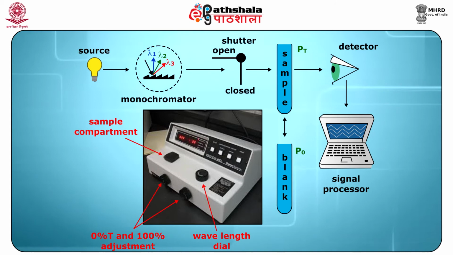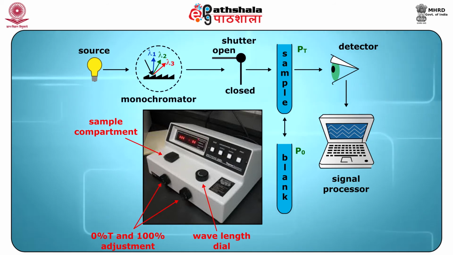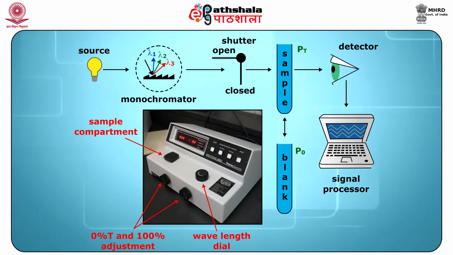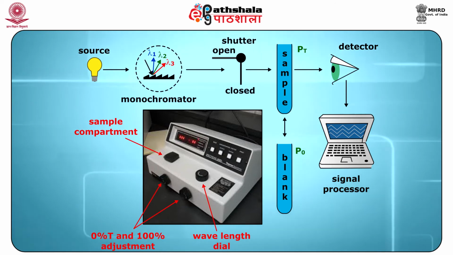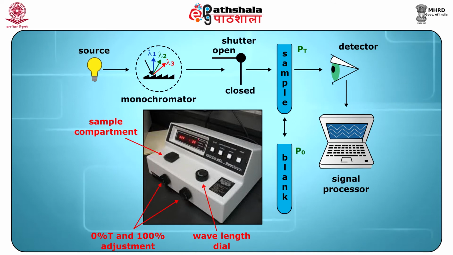Here the figure shows how the spectrophotometer works, wherein we have a source which passes through a monochromator, passing further through the shutter and the sample, and finally the detector. The schematic representation of the single beam spectrophotometer thus explains the working of the instrument.